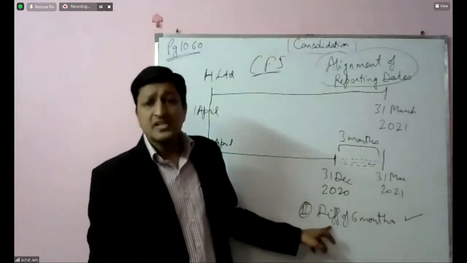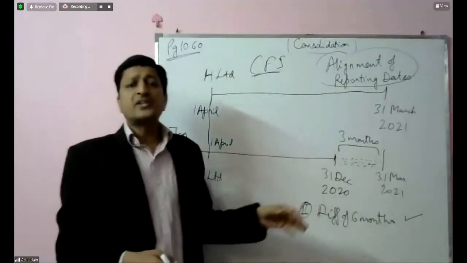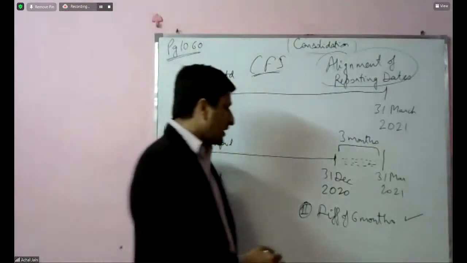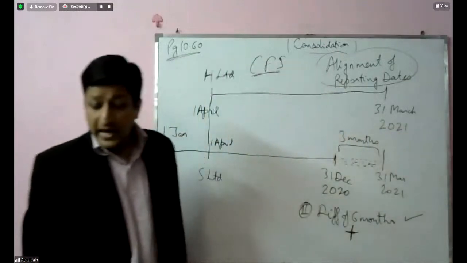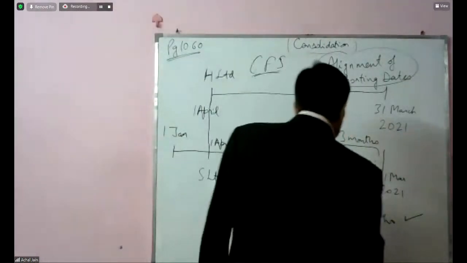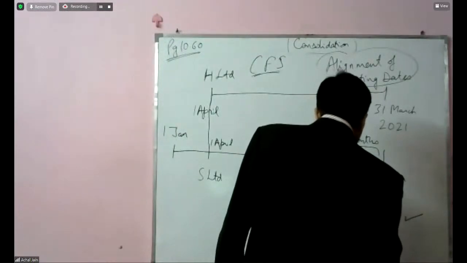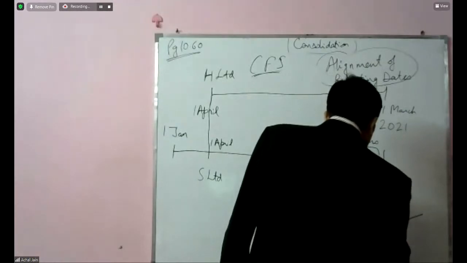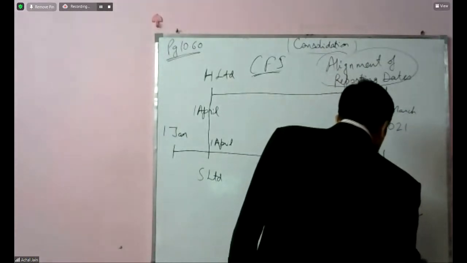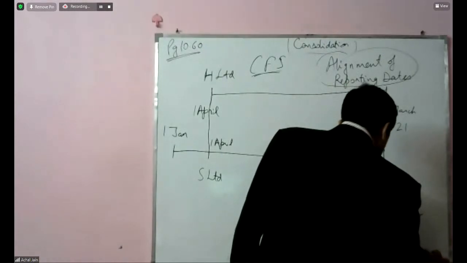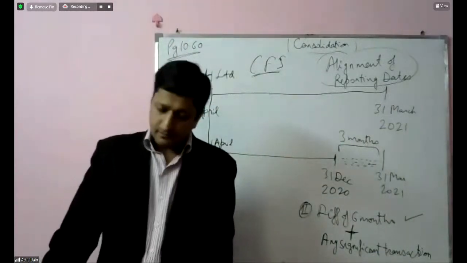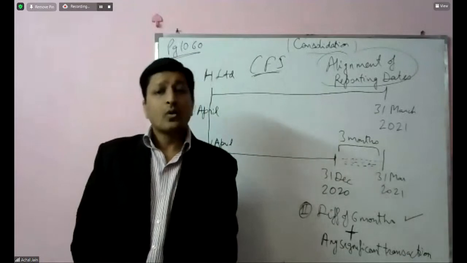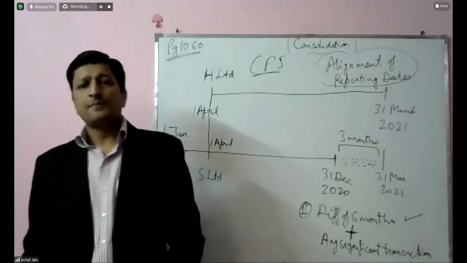So if the financial statements are given with a difference of 6 months, along with this, any significant transactions should be captured. Okay, clear on this?